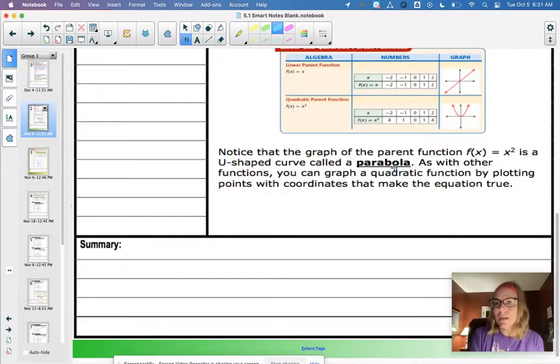It's called a parabola. As with other functions, you can graph a quadratic function by plotting points with coordinates that make the equation true, meaning picking various x values, plugging them in to get the y values, and plotting the points.